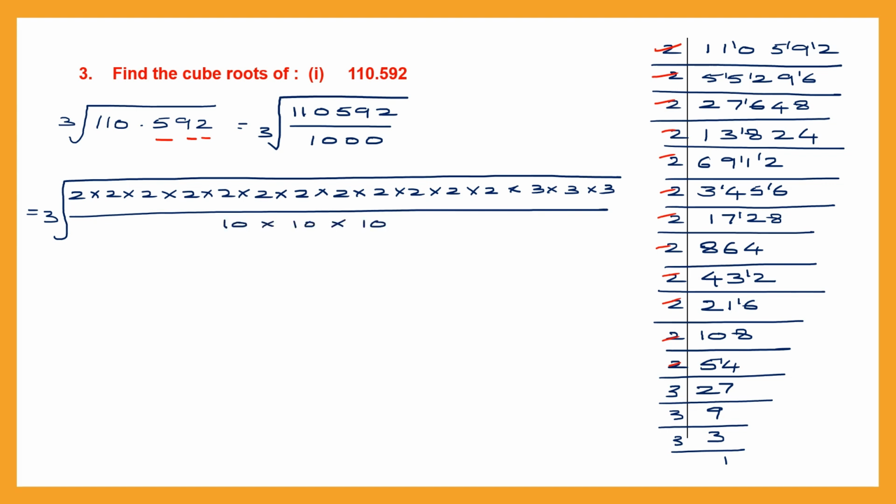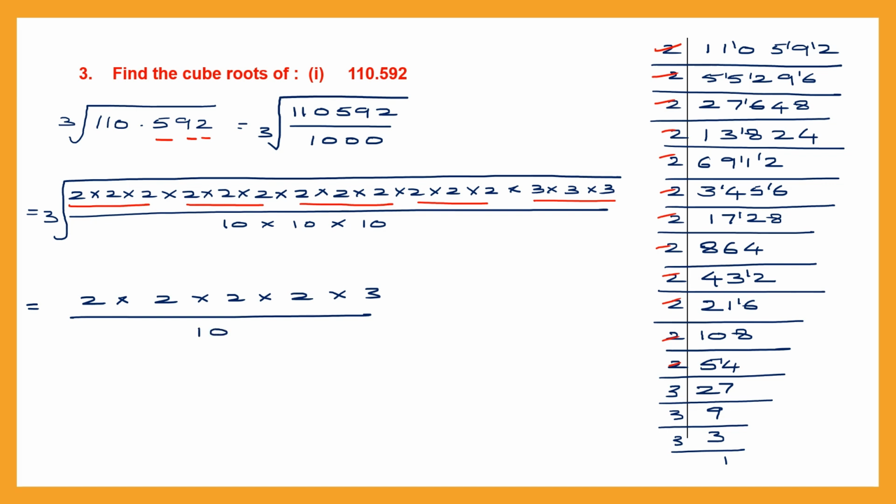Now let's make the triplets. So here we have one set, one more set, another set, one more and one more. Now let's pick one from each set. So we have 2 into 2 into 2 into 2 into 3 by 10. We've removed 1.